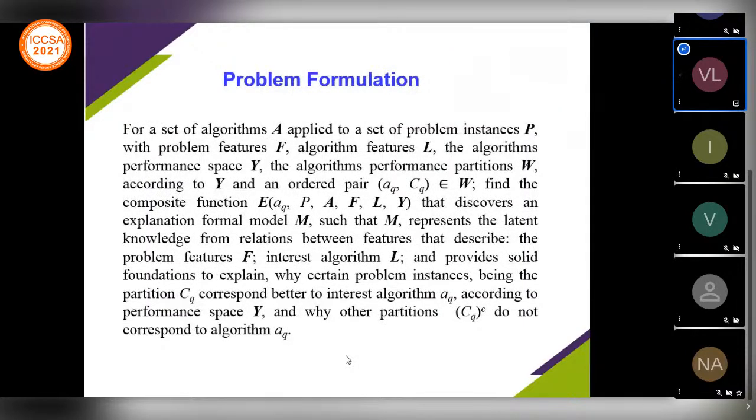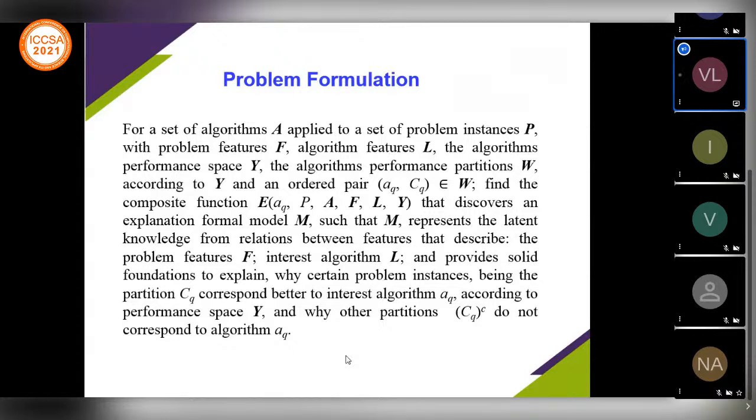For a set of algorithms A applied to a set of problem instances P with problem features phi, algorithm features L, the algorithm performance space Y, the algorithm performance partitions WY according to Y, and an ordered pair algorithm N partition. It belongs to WY.